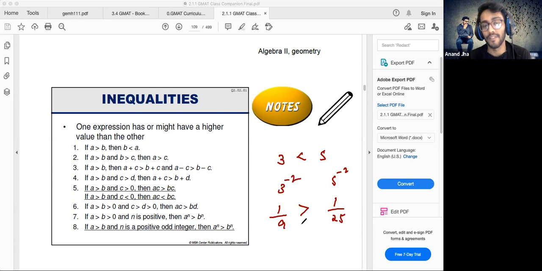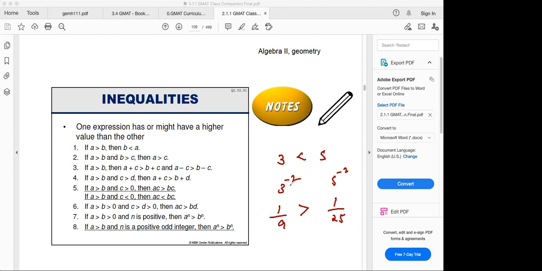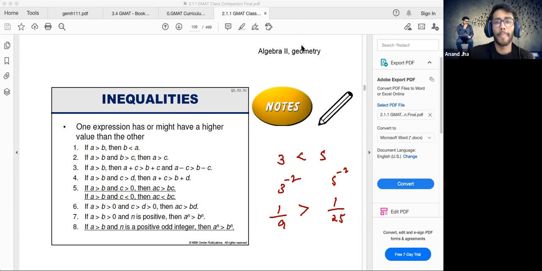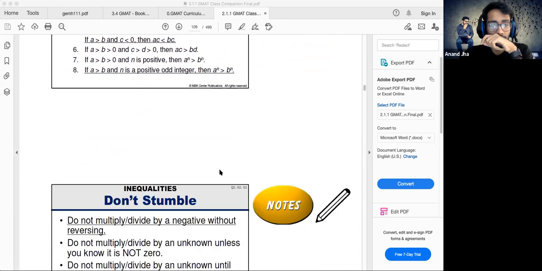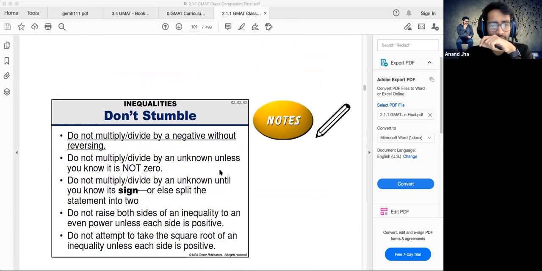So then it will get reversed, because the bigger the denominator, the smaller the fraction is. Smaller the denominator, bigger the fraction is. So make sure you check the integer, what they are talking about. So these are the basic rules of inequalities. Do not multiply or raise both sides of an inequality carelessly. I've told you already, do not attempt to take the square root of an inequality unless each side is positive.